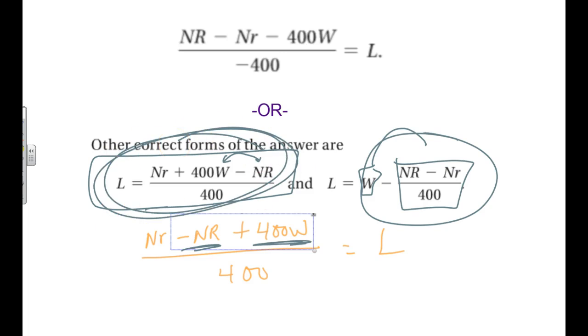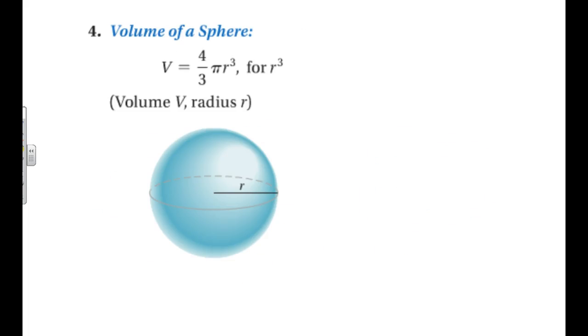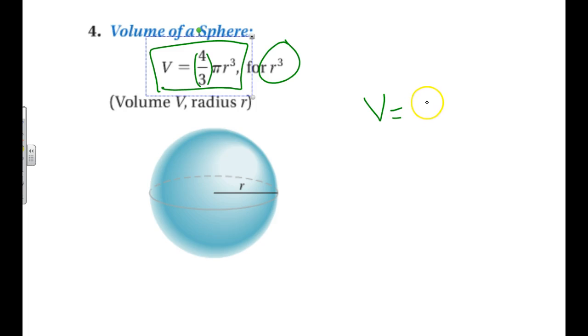What would I count wrong on a test? I don't know. I would prefer you to simplify like I'm asking you to. So here it says solve for r cubed. This is a common formula for a sphere, the volume of a sphere. So to solve for r cubed, I would undo the pi and undo the 4/3. So 4/3 is being multiplied, so instead of dividing by a fraction, I would multiply by the reciprocal.